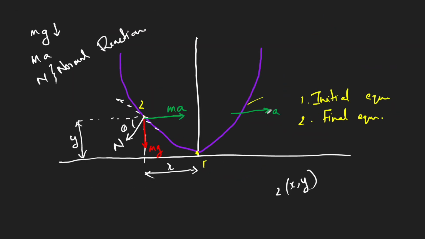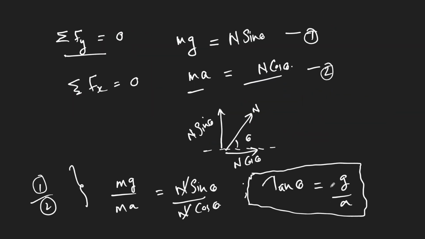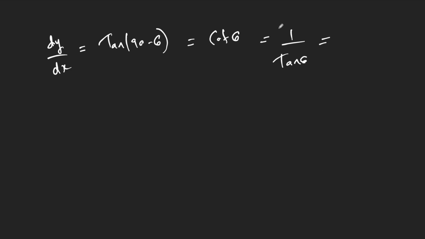We already obtained tan theta as g by a, so cot theta must be a by g, right? That means dy by dx at point 2 must be equal to a by g.